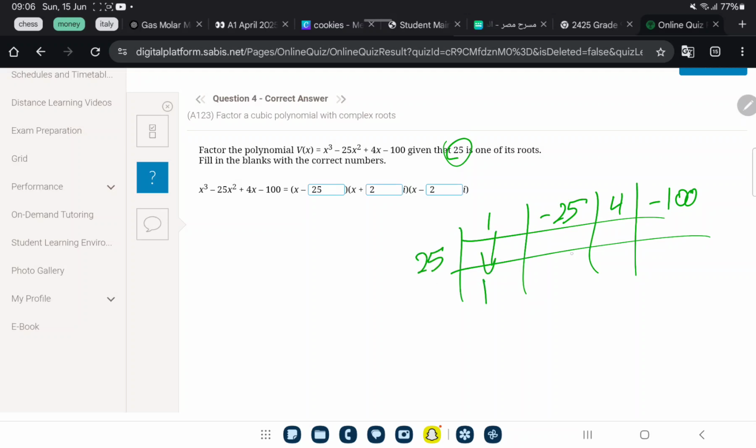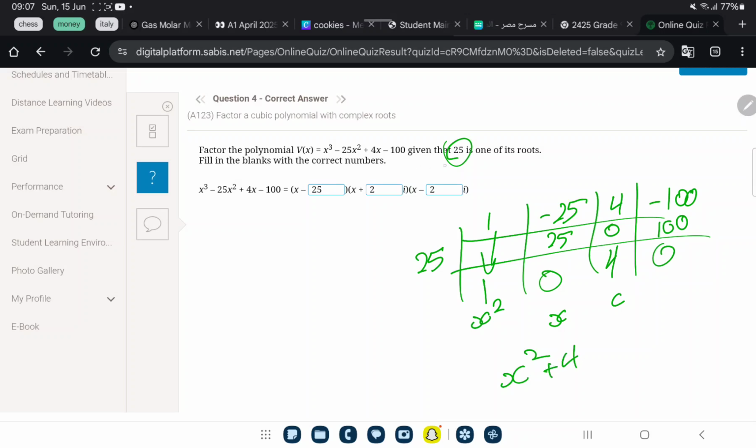Drop the 1, 25, 0, multiply 0, add 4, 4 times 25, 100, and your remainder is 0. Just a reminder, this is x squared, this is x, and this is the constant. So our x is 0, so just don't put it, so it's x squared plus 4.